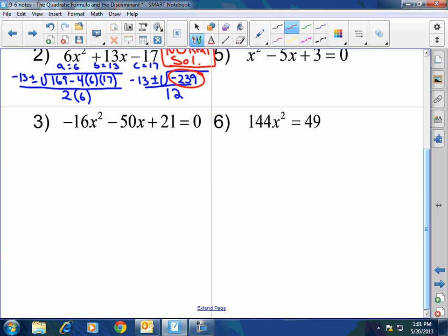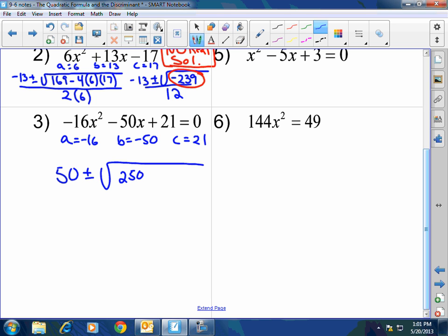With the size of these numbers, I'm going to absolutely use the quadratic formula. A is negative 16, B is negative 50, C is 21. So, negative b plus or minus b squared, which 50 squared is 2,500, minus 4 times a times c over 2a, 2 times negative 16.